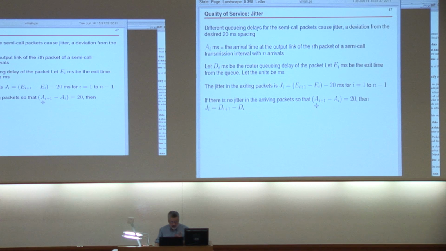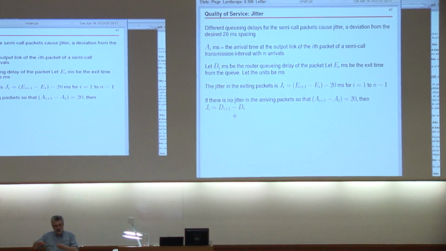Now, if there's no jitter in the arriving packets at all, so that their inter-arrival time is 20 milliseconds, then the jitter is the difference in the delays. So the difference in delays of successive packets across the internet is what causes jitter.